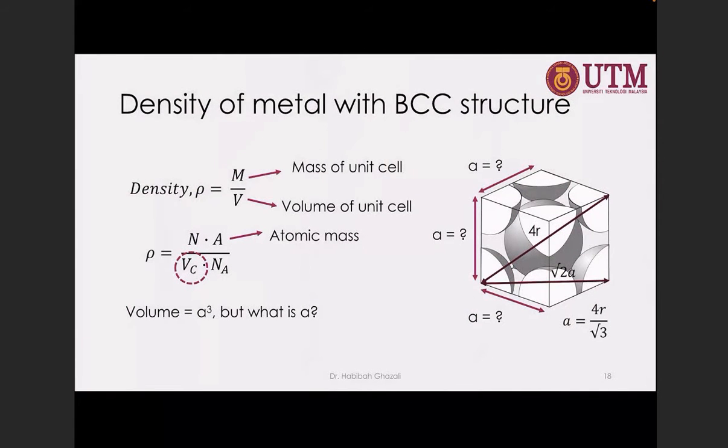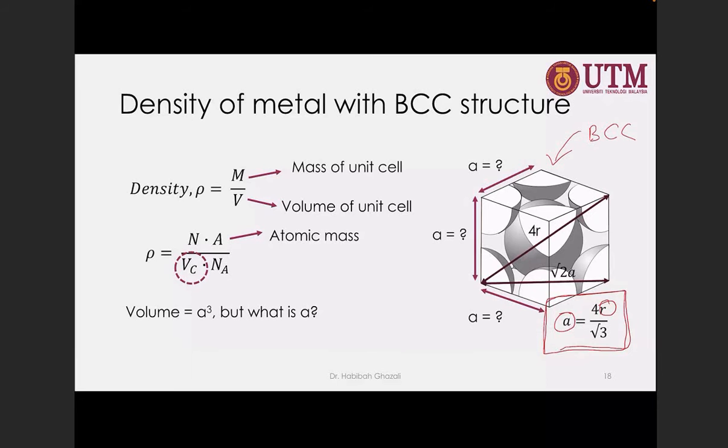Okay, if we go back to the previous slides, for example, like this one. What is the relationship between lattice constant and the radius of the atoms? Sometimes the question asks you to derive this concept. You need to be able to see the 3 dimensions of the unit cell. This is the unit cell of BCC.